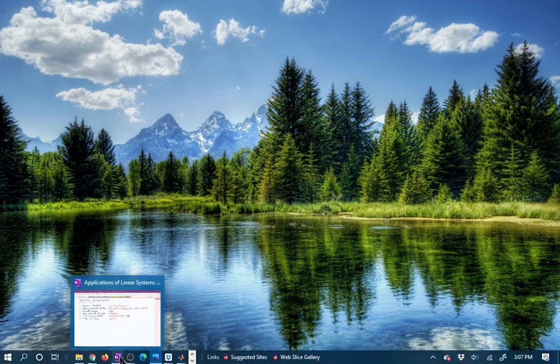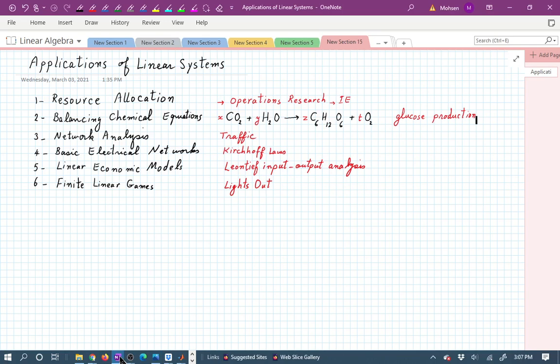We have a list of topics here. Six of them. Perhaps we're going to cover half of these. Item number one, we are going to talk about resource allocation, two, balancing chemical equations, three, network analysis, four, basic electrical networks, five, linear economic models, and six, finite linear games.